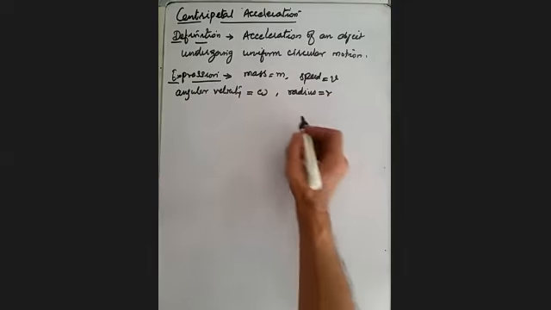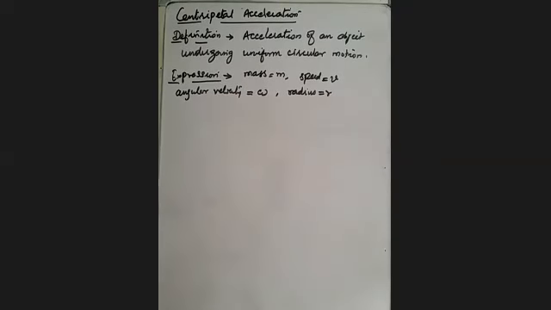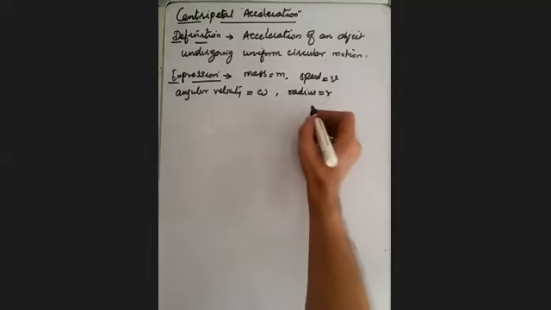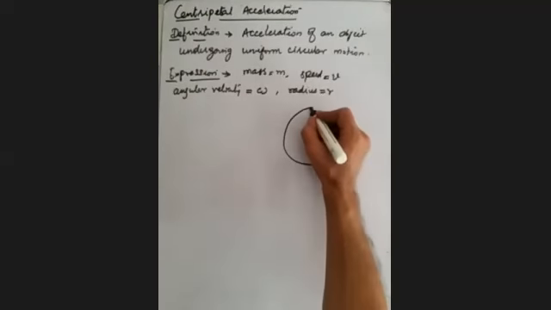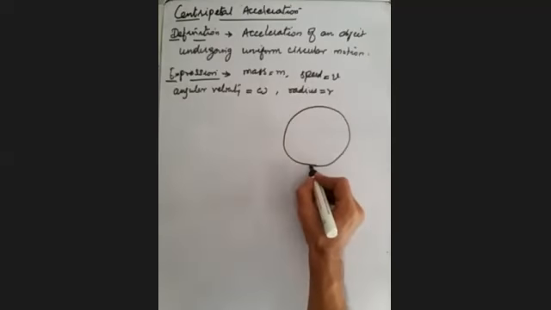So a circle represents this circular path on which the object is moving.